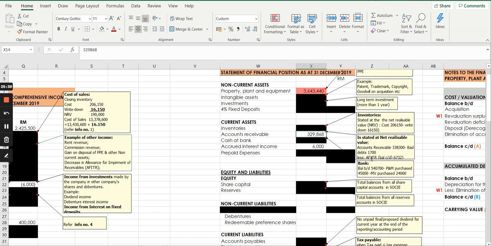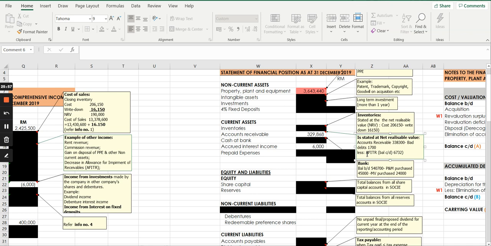You can see that I put in the working here. That is account receivable 338,300, which is the balance given in the trial balance, minus the bad debt that was written off, because we debit allowance for impairment and credit account receivable.